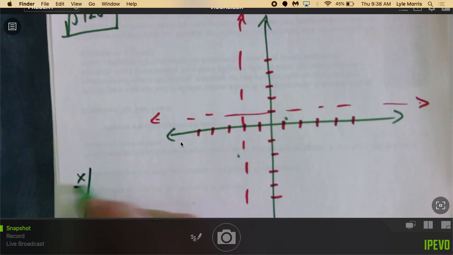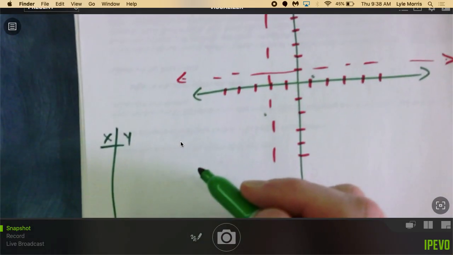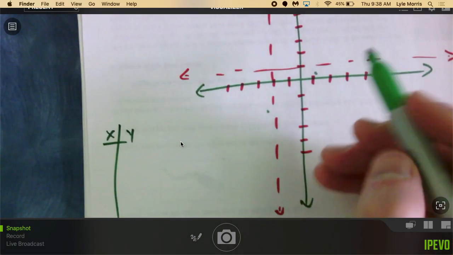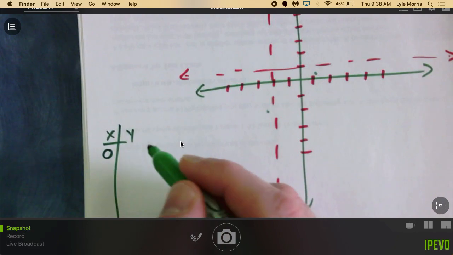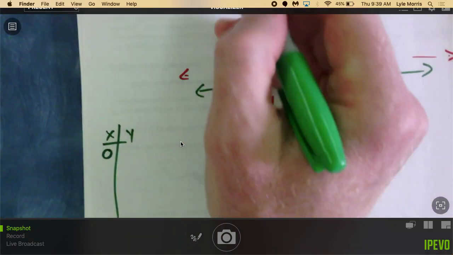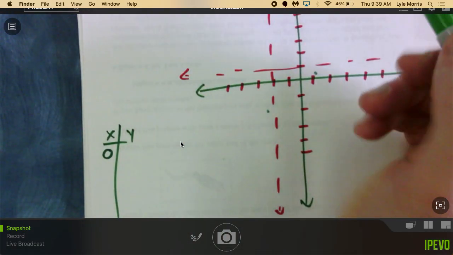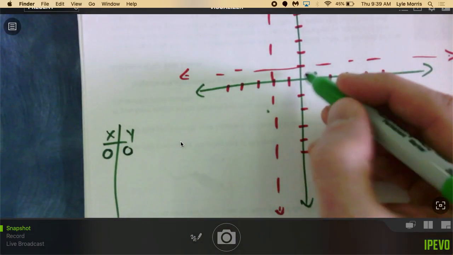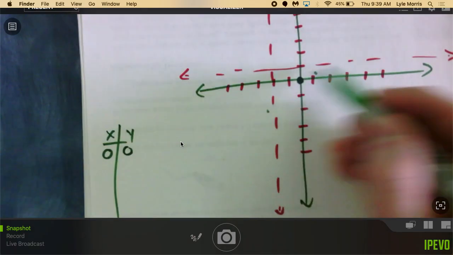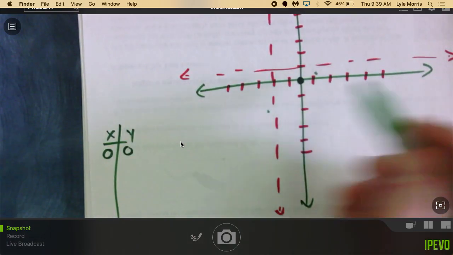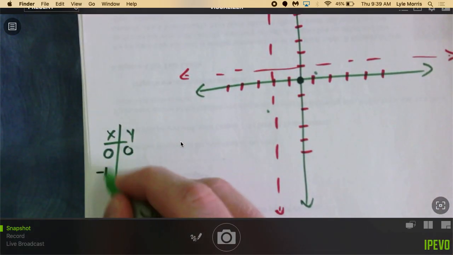So with our table of values, let's start simple. Let's start where x equals 0. So x equals 0, which means the whole thing equals 0 because there's an x on top. So we know it's going to go through here.